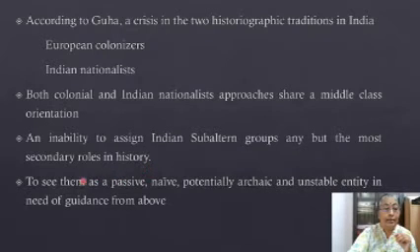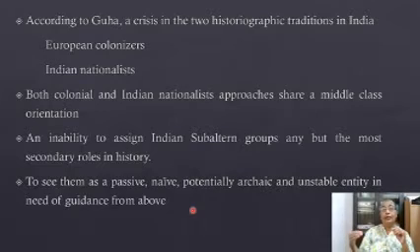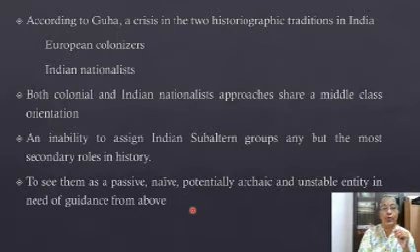They continue to see them as a passive, naive, potentially archaic, and unstable entity in need of guidance from above. So the crisis that they speak of comes from the two groups, that is, European colonizers and Indian nationalists.